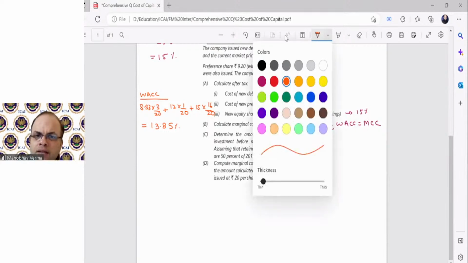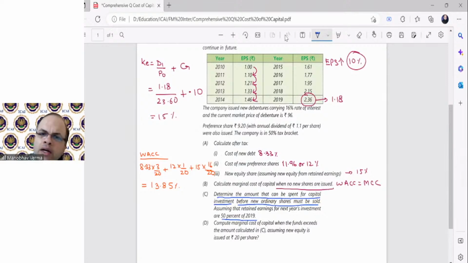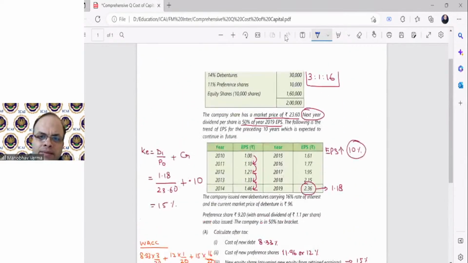Be very, very careful, guys, when you are looking at question number C in this case. Determine the amount that can be spent for capital investment before new ordinary shares must be sold, assuming that retained earnings for next year's investment are 50% of 2019. So what is the retained earning for 2019?